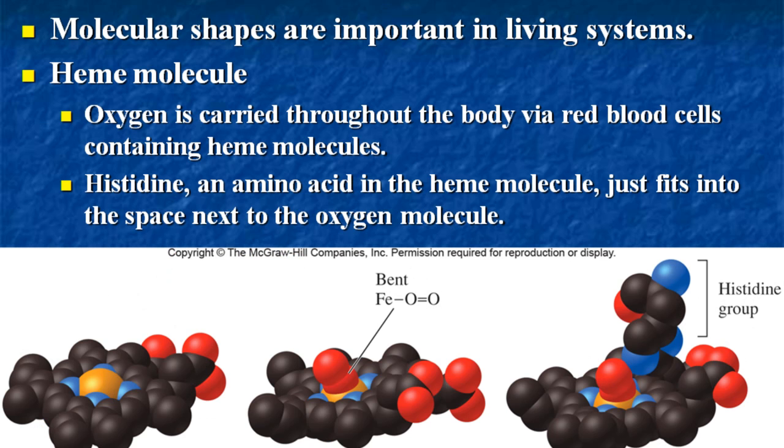Now, natural applications of VSEPR theory. As I said, molecular shapes are very important in living systems, and here is an example of how the shape of molecules can affect things. So, the heme molecule. We all know that red blood cells carry oxygen around our body, correct? In red blood cells, the molecules called heme molecules, which are a part of hemoglobin, carry the oxygen around the body.